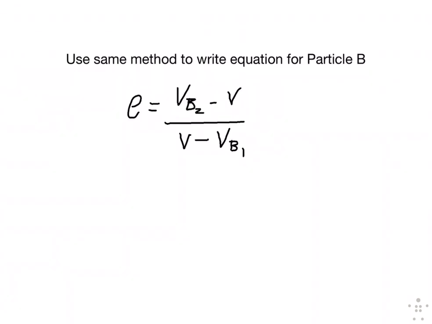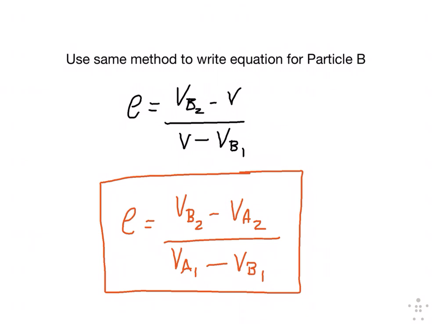So if we do the same exact method for particle B, we would get this equation. The coefficient of restitution is equal to v_B2 minus v divided by v minus v_B1. And now all we need to do is combine these equations, and we can see that we have our final coefficient of restitution equation, v_B2 minus v_A2 divided by v_A1 minus v_B1.